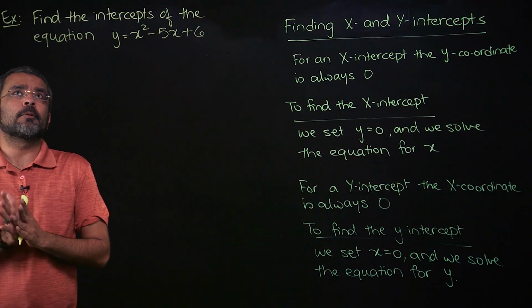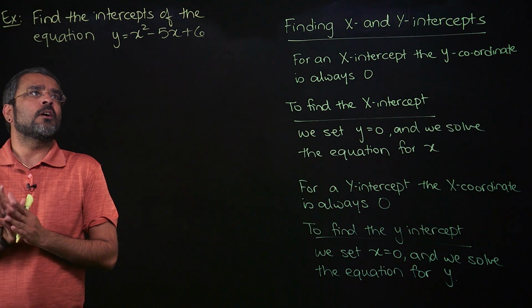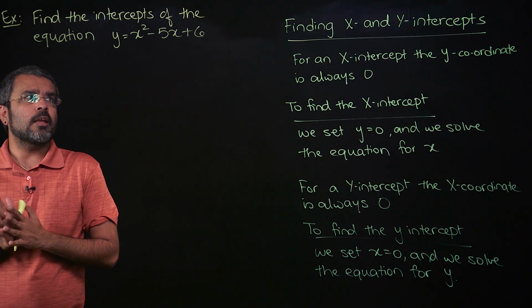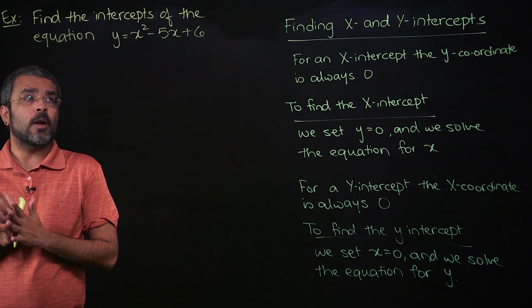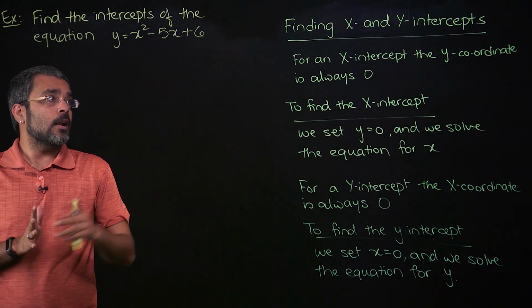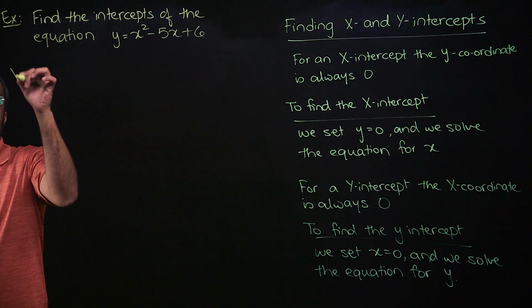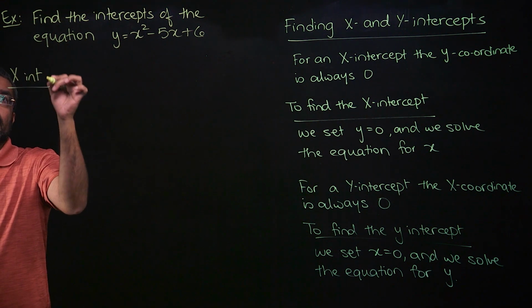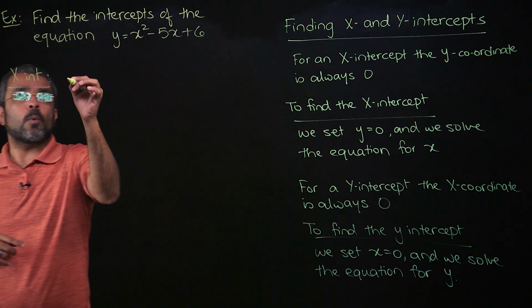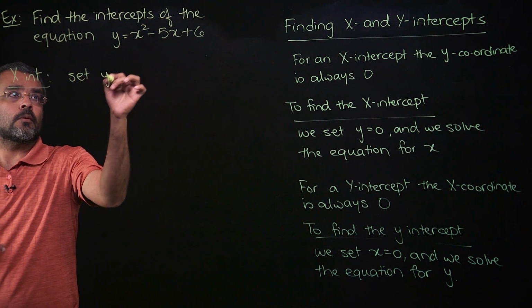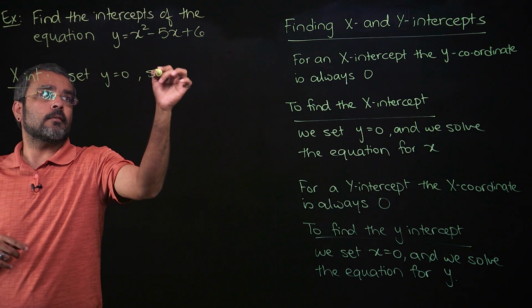Okay, so let's take an example. Find the intercepts of the equation y equals x squared minus 5x plus 6. All right, like we saw, we have two intercepts. So let's go ahead and find the x-intercept first. So x-intercept. Okay, so what do you do? So set y equal to 0 and solve for x.